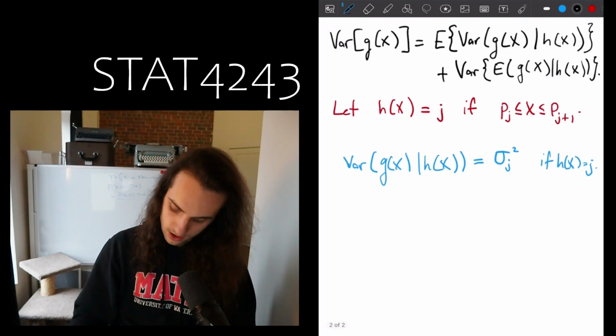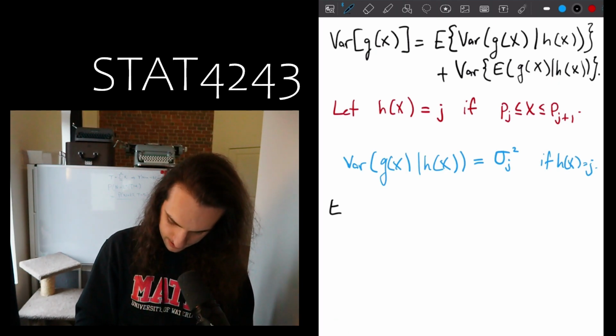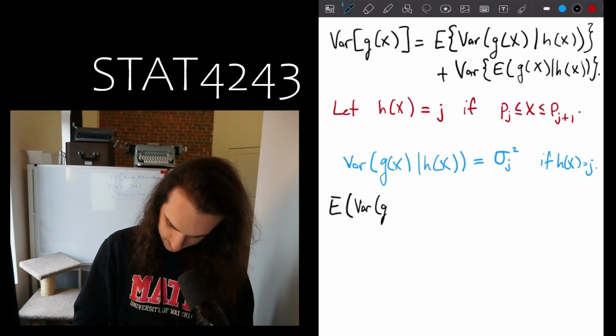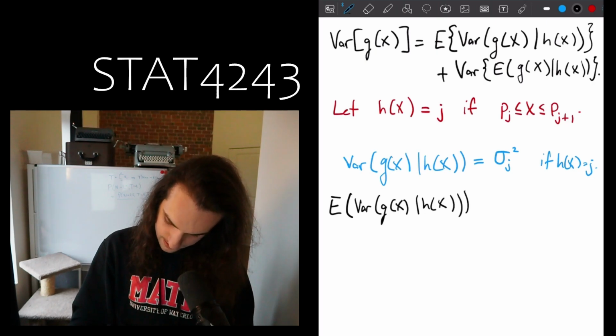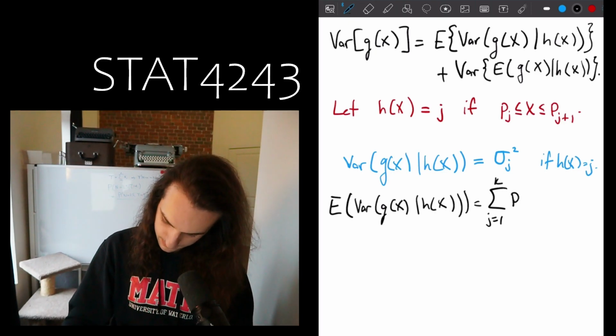We know that j is anywhere from 1 up till k, and so the expected value of the variance of g of x given h of x, we sum over the possible values here, j is 1 up till k. The probability that h of x equals j is p j by definition, times sigma j squared.